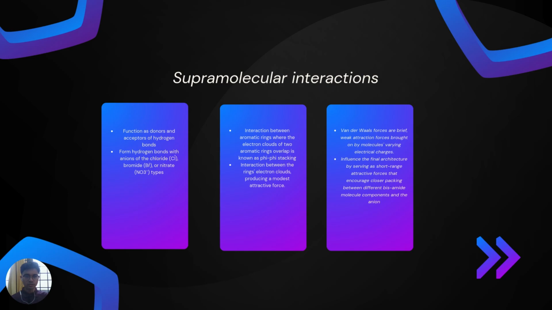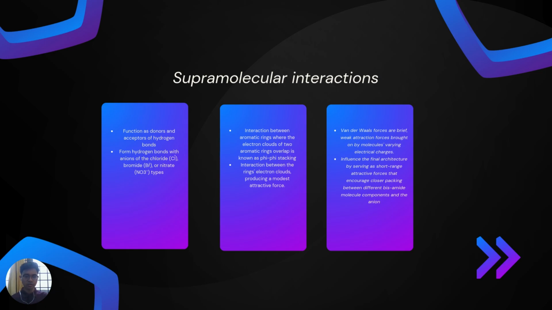This can also form hydrogen bonds with anions of chloride Cl-, bromide Br-, or nitrate NO3- types. Bisamide also has two amide groups because it has a single pair of electrons and high electronegativity. Carbonyl oxygen is a potent hydrogen bond acceptor.